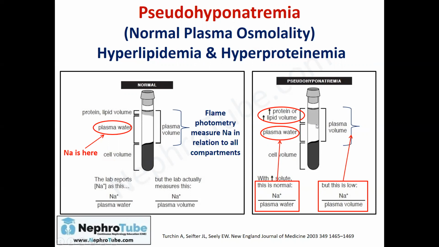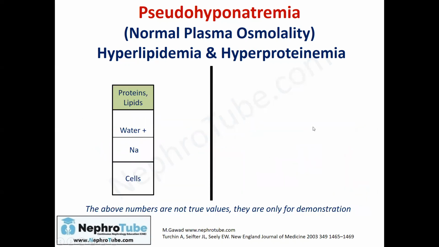But flame photometry measures the sodium in relation to the whole volume. So the high protein and lipid volume, which takes space from the water, will cause a bias in the test and a non-true decrease in the sodium level. Let's explain it in an easier way.